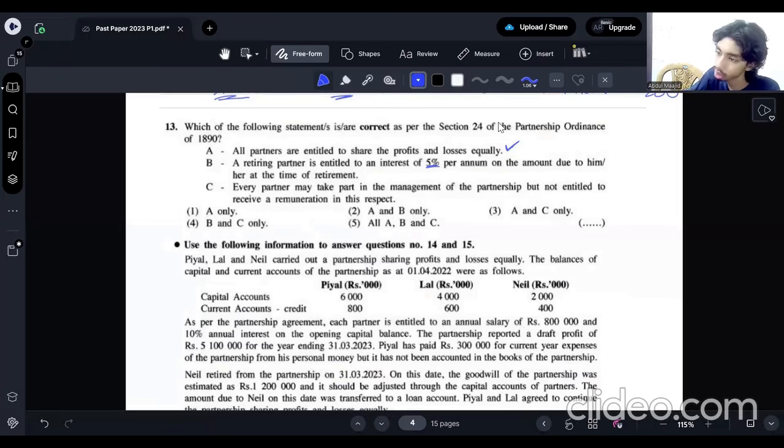Paying 5% interest on a retired partner's loan is as per section 42, right? In section 24, what they are saying? Provide 5% interest on loans of existing partners. See, every partner may take part in the management of the partnership, but is not entitled to receive remuneration. That means a partner has to take part in managing the business, but he won't be entitled to any salary. That is correct. So A and C, answer number 3.